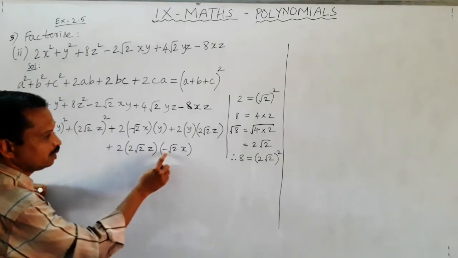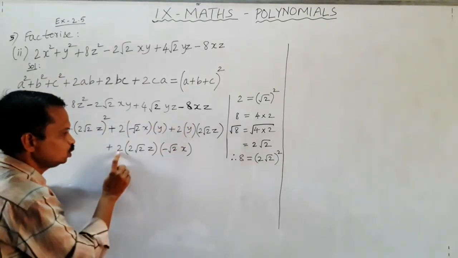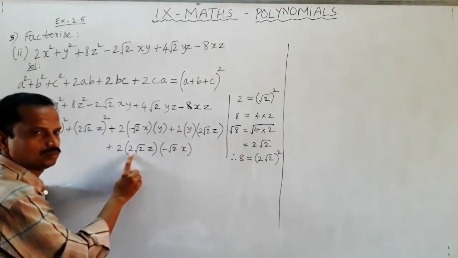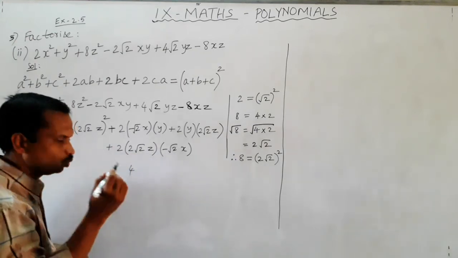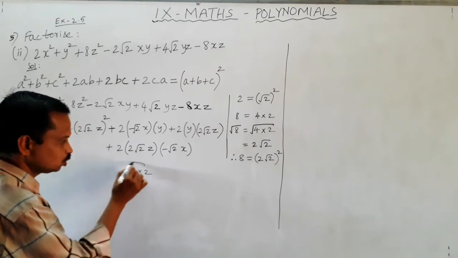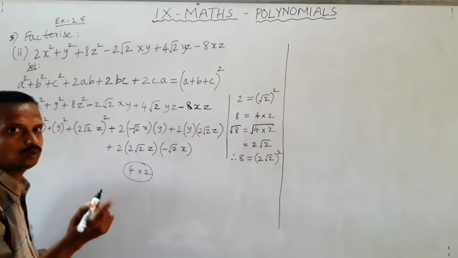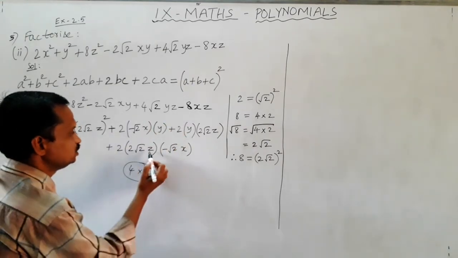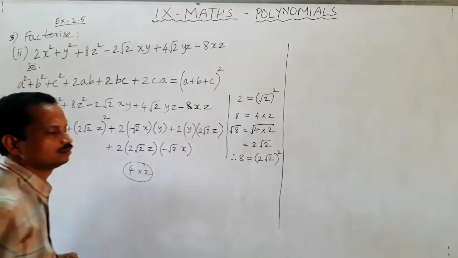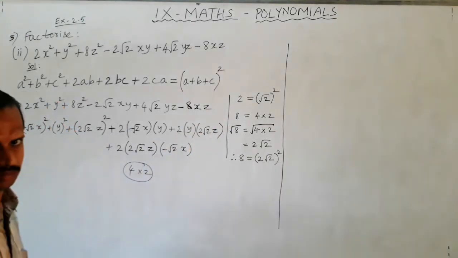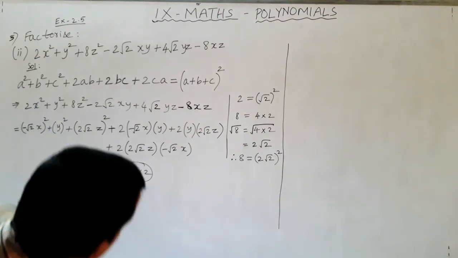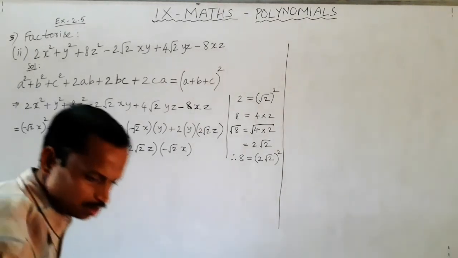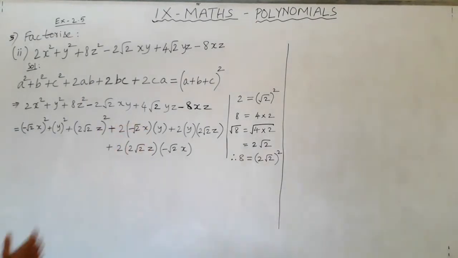Okay, plus into minus, minus 2 into 2, 4. Okay, 4, and then root 2 into root 2, 2. So totally 8. 4 into 2, 8, and then xz. So xz or zx, both are same. X into z or z into x. So like that we have changed the given question into the identity form, and it is coming correctly.